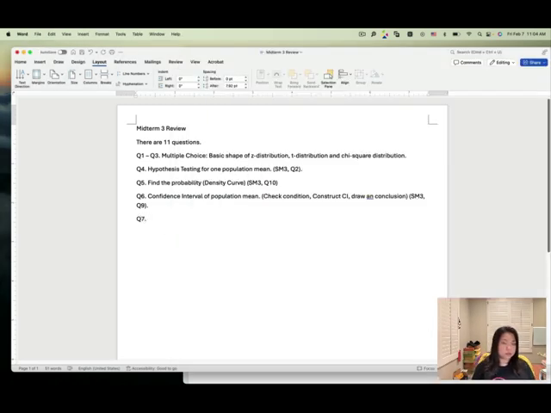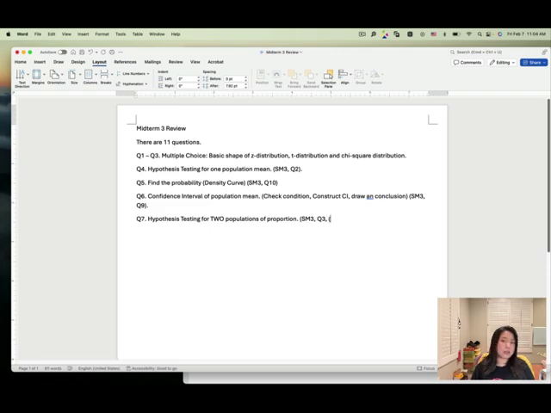Question 7. Hypothesis testing for two population proportions. Okay, look at question 3.